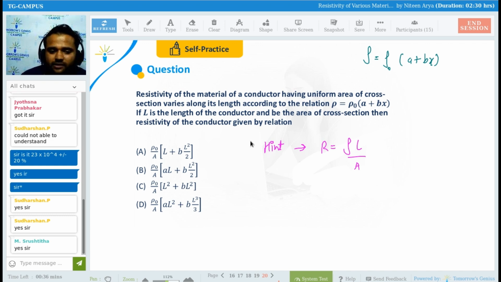Tell me what the correct answer is, and tell me a little bit quick, because we need to solve this CA also, class assessment.